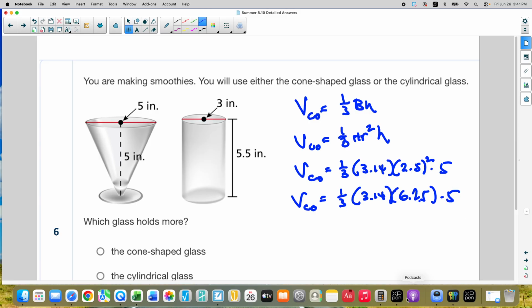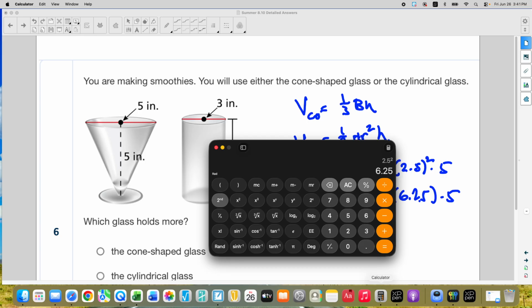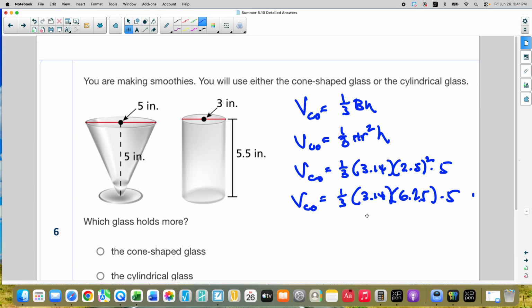Okay, so let's do some math. 6.25 times 5 equals 31.25. 31.25 times 3.14 times 1/3.